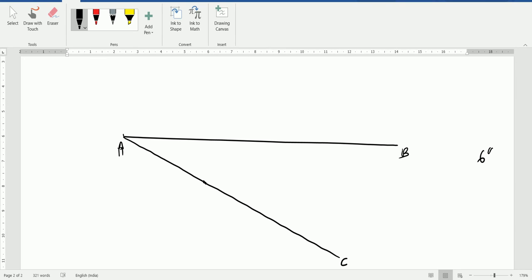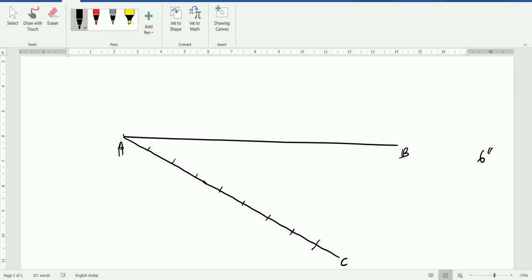And what to do? Using a divider, we have to divide this line AC into 8 equal divisions. Let us say, this is the first one, 1, 2, then 3, 4, 5, 6, 7, and 8.